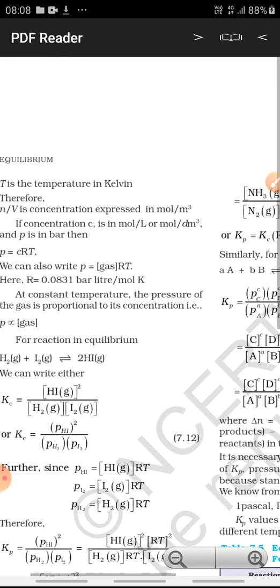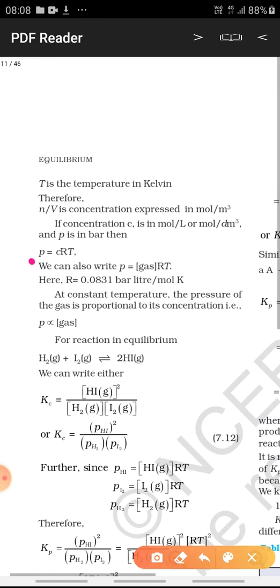So, instead of writing molarity, we can write P is equal to C into R into T. That means RT will also be there for writing the partial pressure.